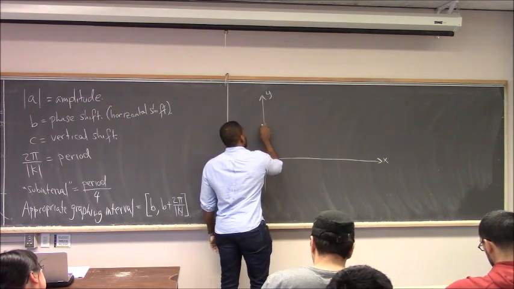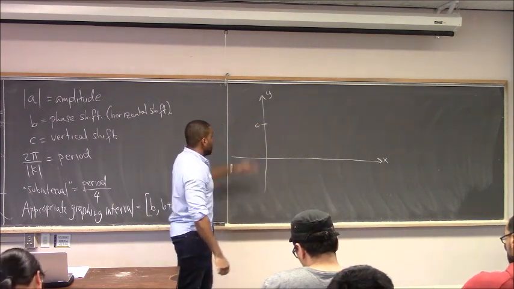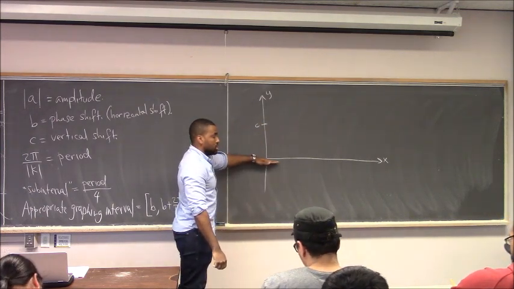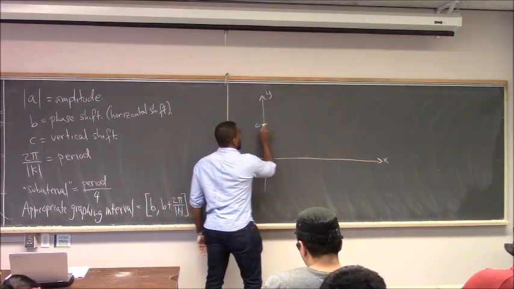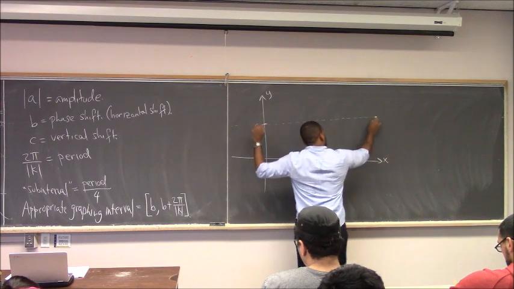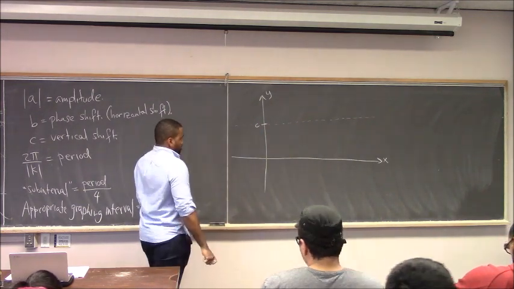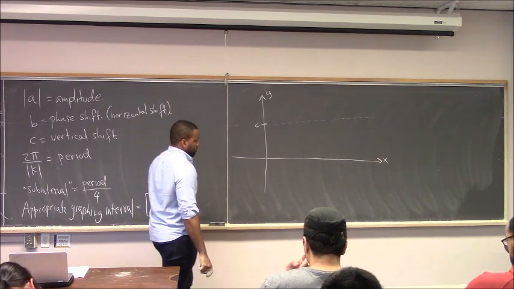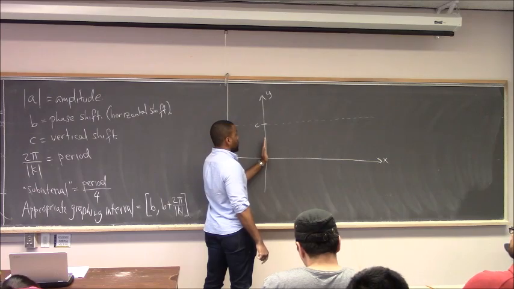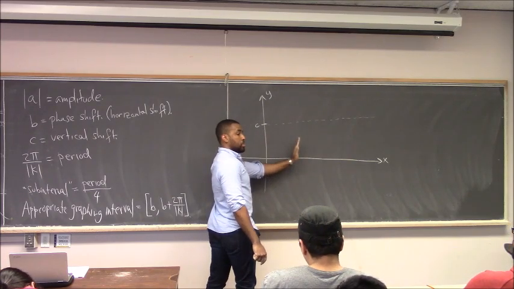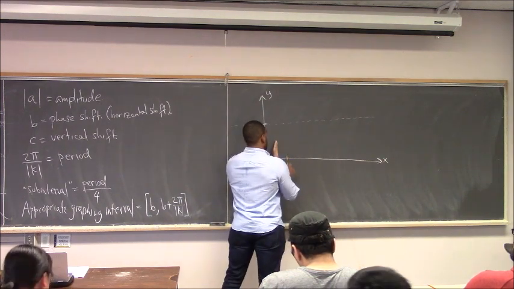Let's say it's positive in this case, so it's shifted up here. Normally it's where the x-axis is, but you can add or subtract to shift it up or down. That's going to be the new x-axis, the new baseline. Now, remember that we start graphing our function from 0, but I can shift it by b, right or left. Let's pretend it shifts to the right.